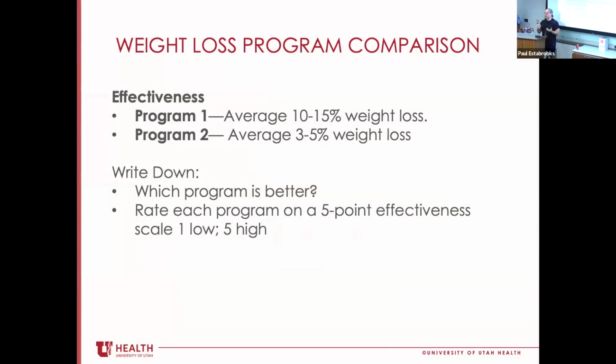We're going to give you information about outcomes of these programs. You can ask some clarifying questions, but don't ask us a lot about the programs, because we're not going to tell you. We're just going to have you focus on the outcomes.